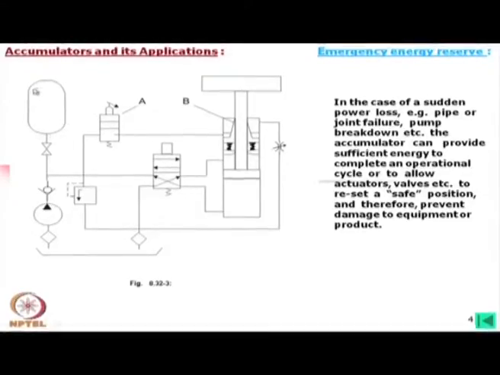In that accumulator, as you see, this is like a vessel, and inside there will be some gas. Actually this is gas pre-charged, or sometimes you will find a bladder with a charged gas or air.